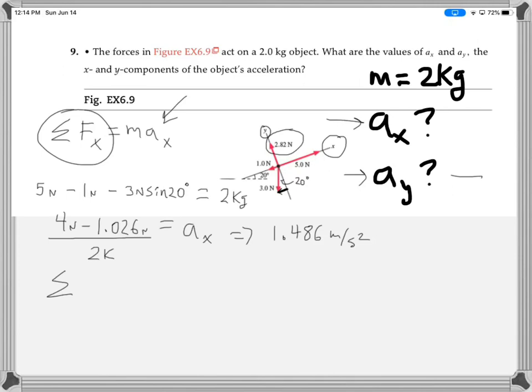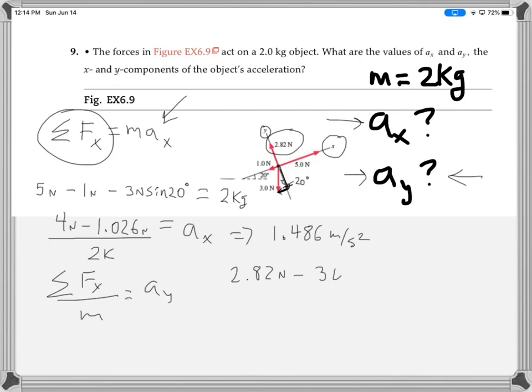So we got half of the answers that we needed. Now we need to move on to the y components. So sum of the forces in the y direction divided by the mass should be the y acceleration. So forces in the y direction, clearly the 2.82 newtons is in the y direction.